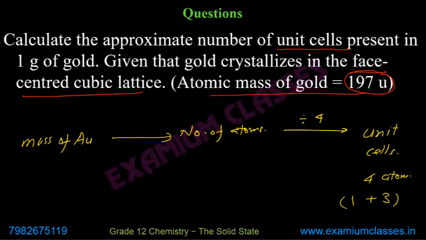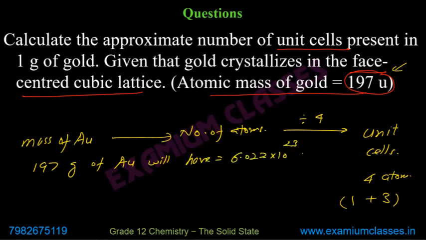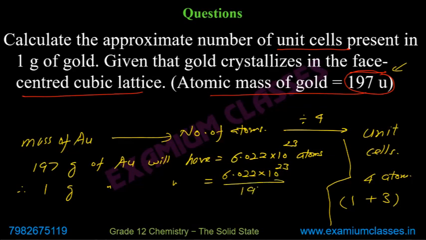And you know how to calculate the number of atoms because you know that the molar mass, this one, 197 grams of Au will have 6.022 into 10 to the power 23 atoms. Hence, 1 gram of Au will have 6.022 into 10 power 23 divided by 197 atoms.